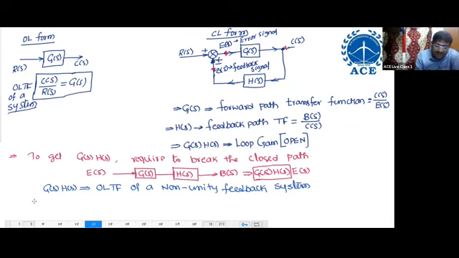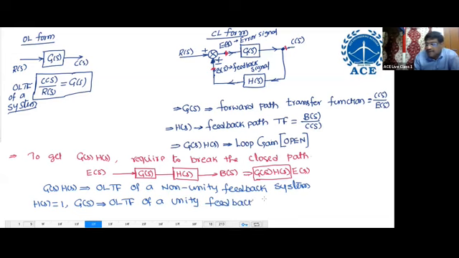In case H of S equals 1, then G of S is called the open loop transfer function of a unity feedback system. It is all equal to what? It is nothing but B of S by E of S.